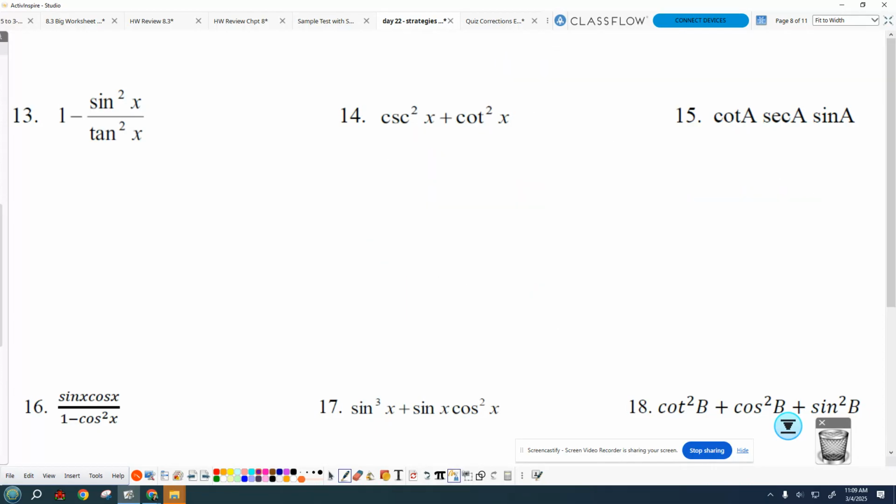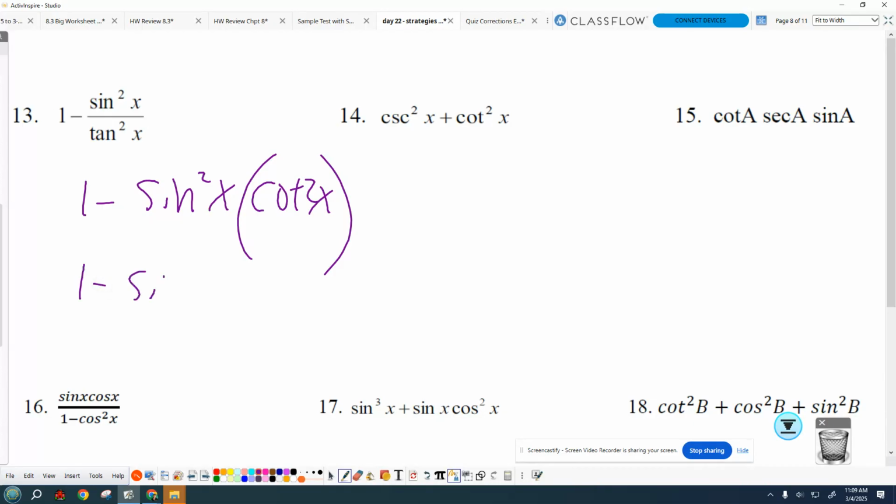How would you start 13? Okay, I'll do it the really slow way. 1 over tangent squared is cotangent squared. Cotangent is what over what?